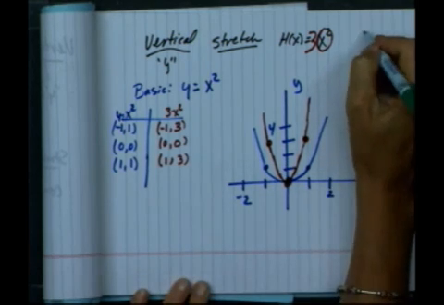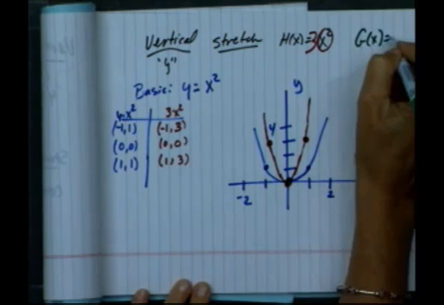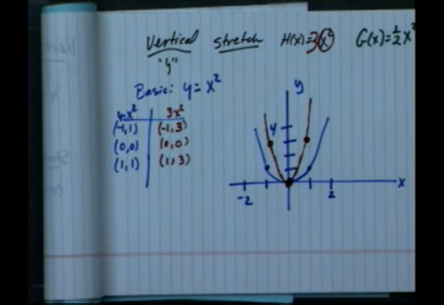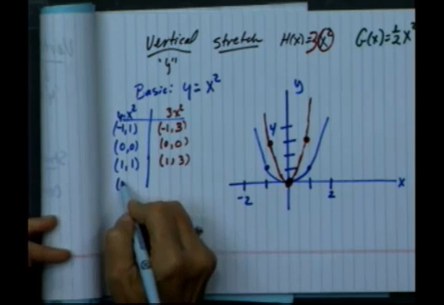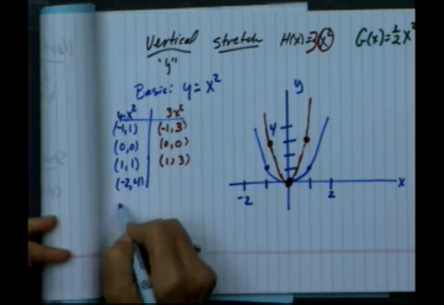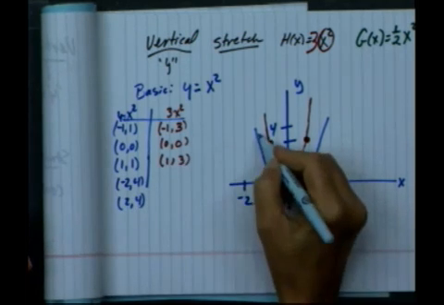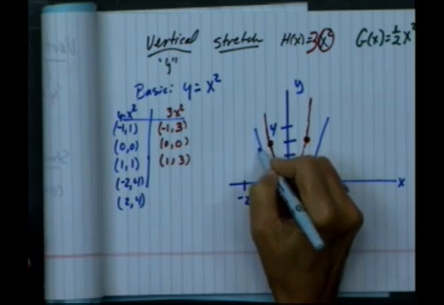Let's sketch g of x equals 1/2 x squared. I'm going to go ahead and pull this out to (-2, 4) and (2, 4), so I have a few more points to play with.